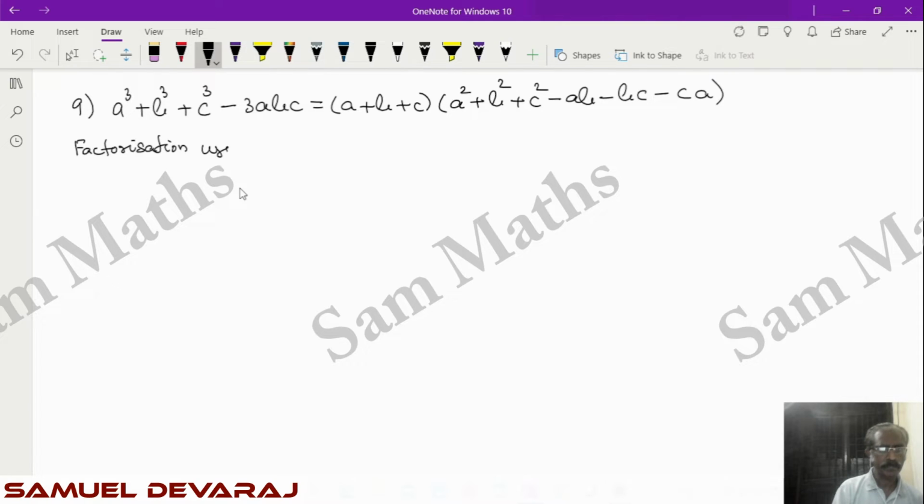This is the factorization using identities.